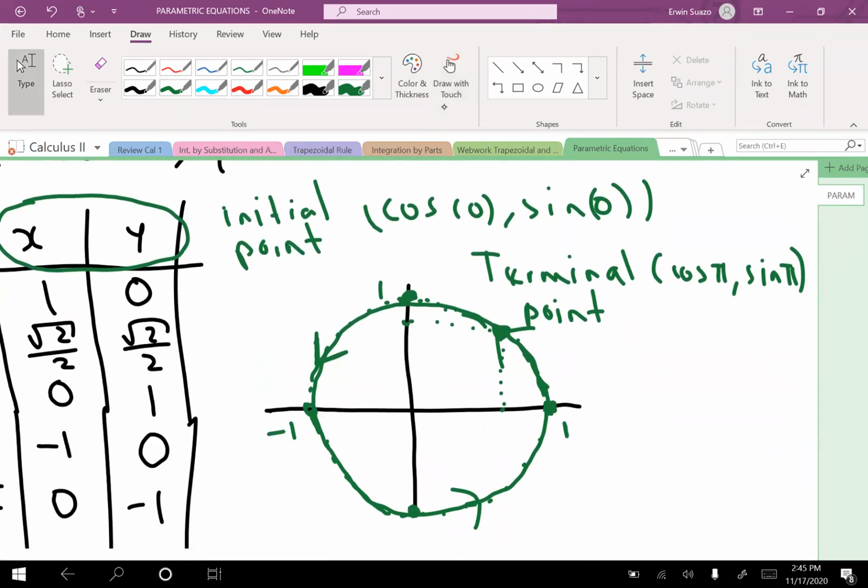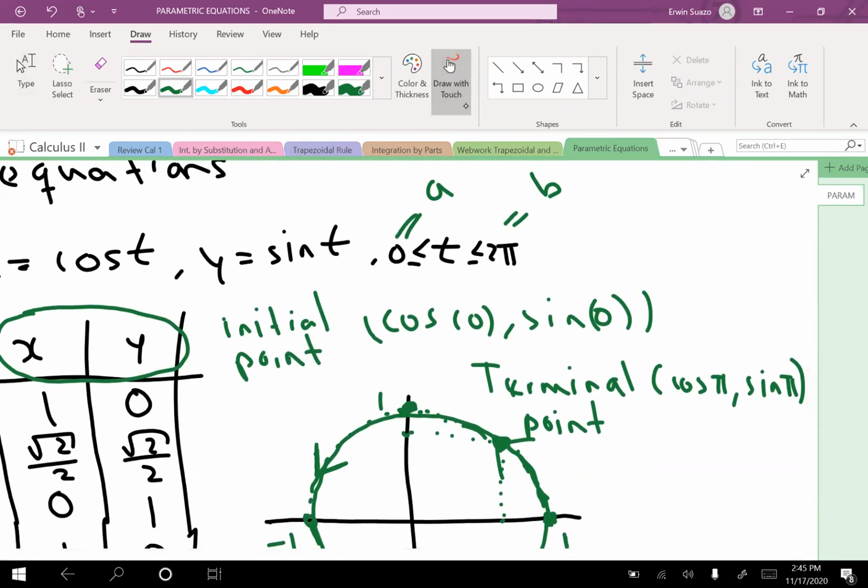So what do you guys say? What is cosine of 0? Cosine of 0 is 1. Sine of 0 is 0. Oh, sorry, and this is cosine 2 pi.